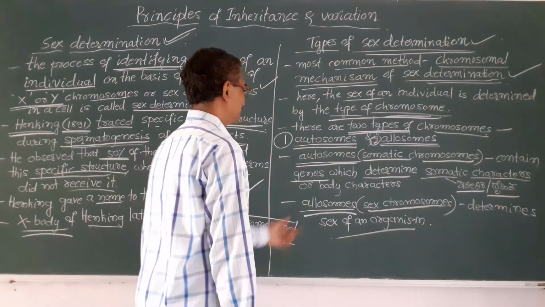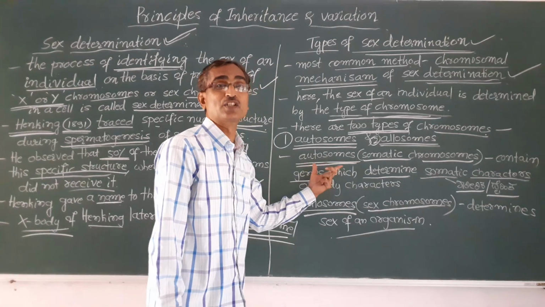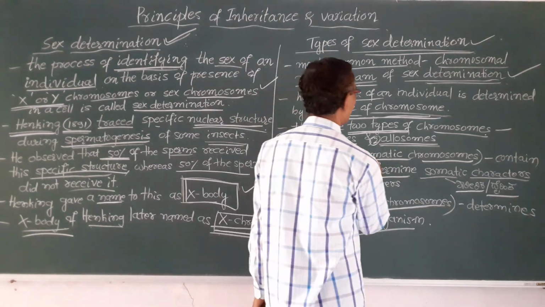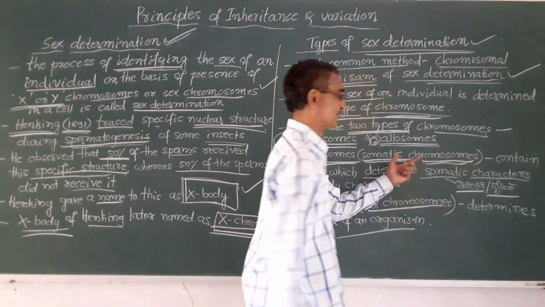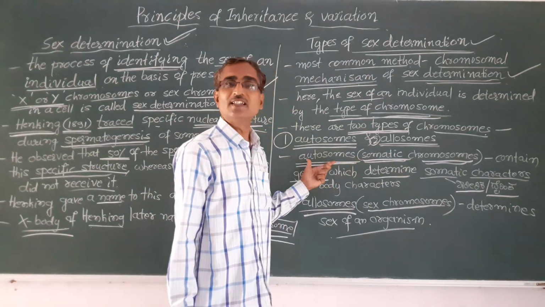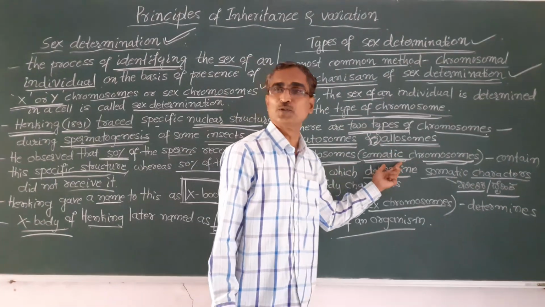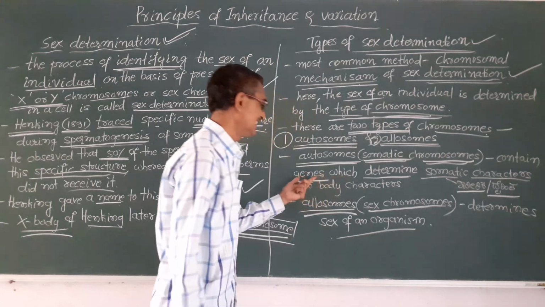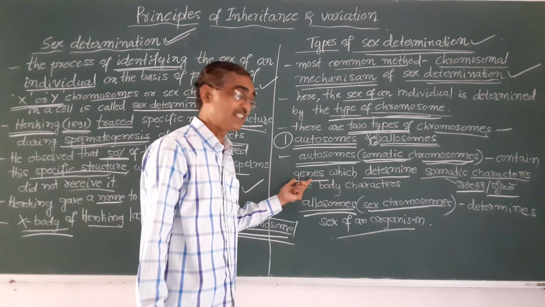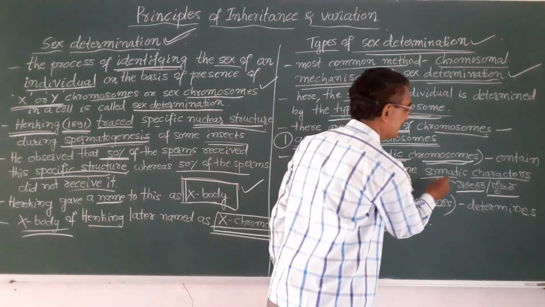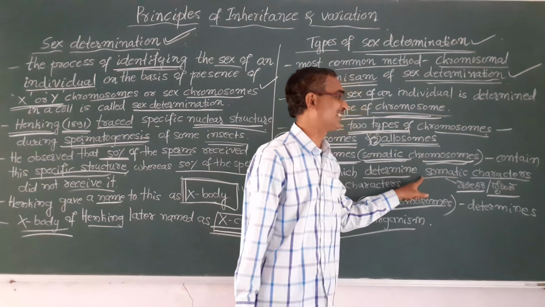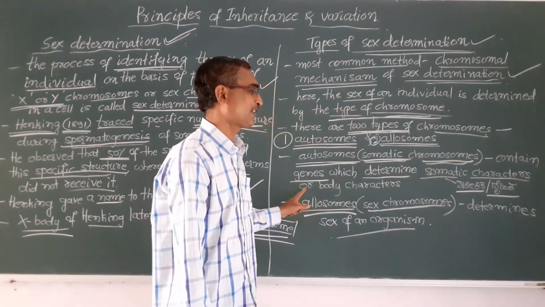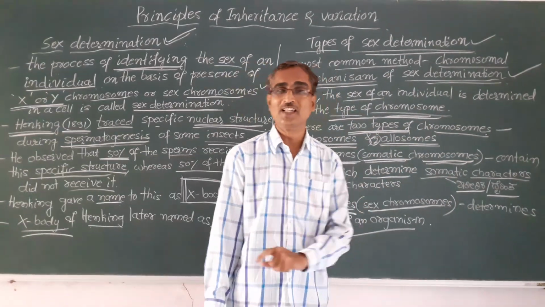First, autosomes. Autosomes are also called somatic chromosomes. They contain genes which determine the somatic characters or body characters. Somatic means relating to the body. So somatic characters are body characters, that is, the features of the body.